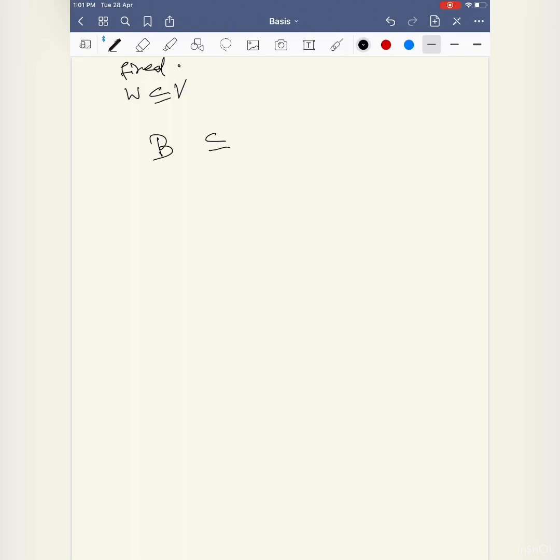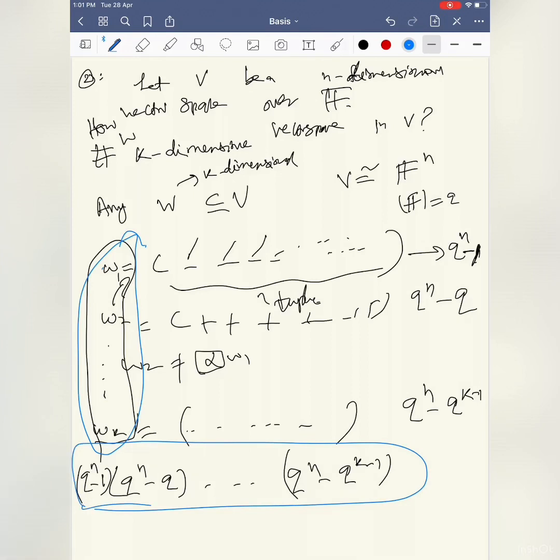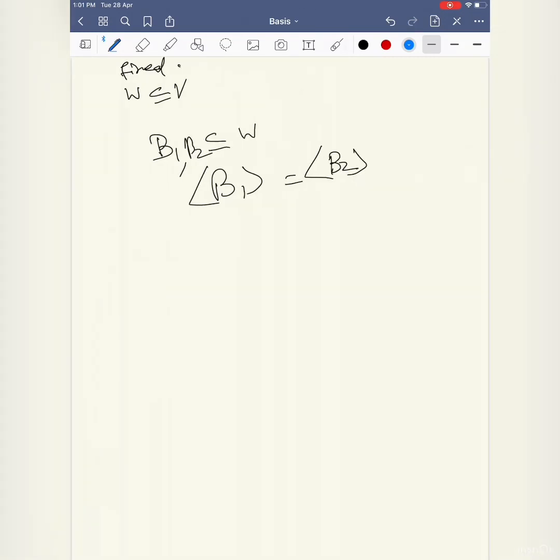Two bases, basis 1 and basis 2, both span the same space, so I can choose different bases, but this gives the same space. So this is not exactly the count of k-dimensional vector spaces inside V; instead, after fixing, we ask how many bases can give the same thing. That is exactly the question of example 1.